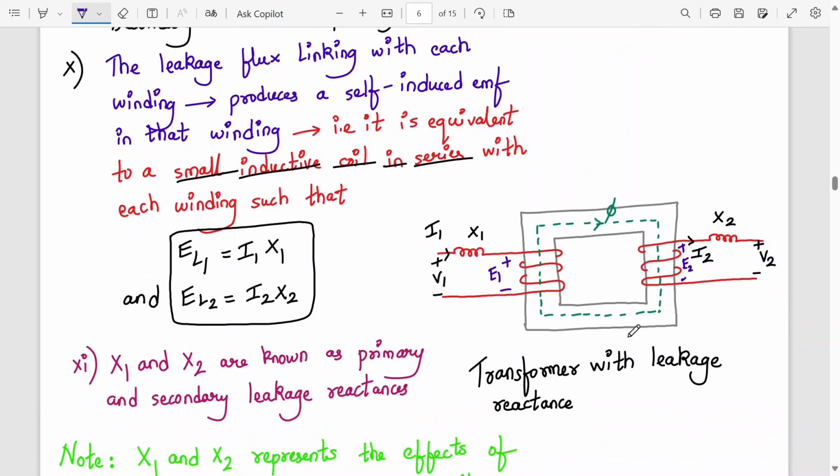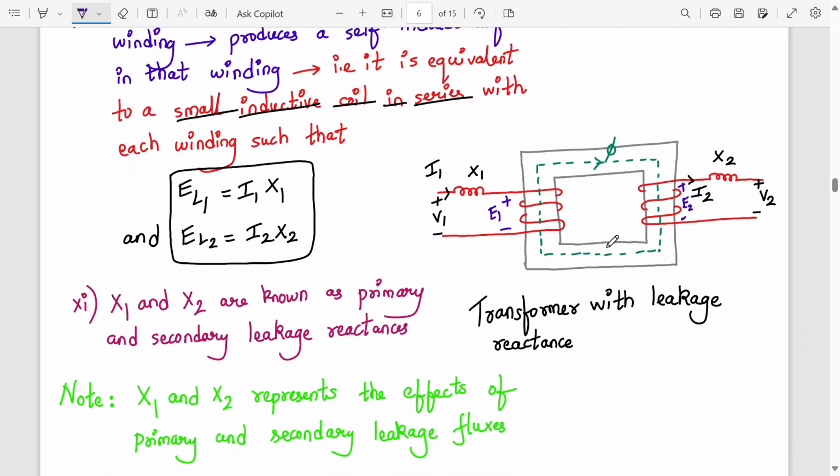Please draw this diagram. This is the transformer with leakage reactance. So basically X1 and X2 will represent the effect of this very important line. X1 and X2 represent the effect of primary and secondary leakage fluxes.